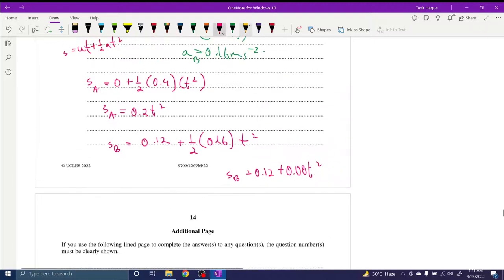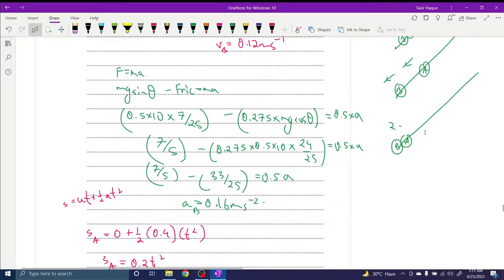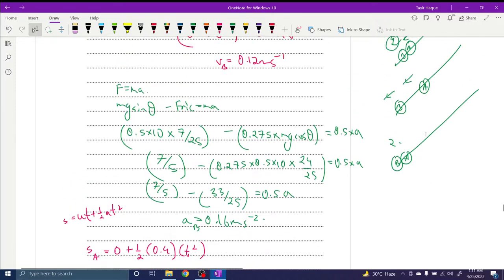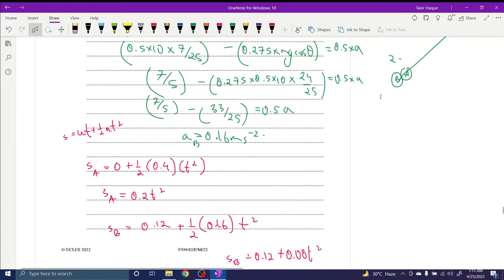Now we're ready. So if a particle is behind another one and wants to catch up with it, we basically equate the distances. Right after they collided, there was literally no distance between them. The s between them was 0. Nobody had a head start, right?